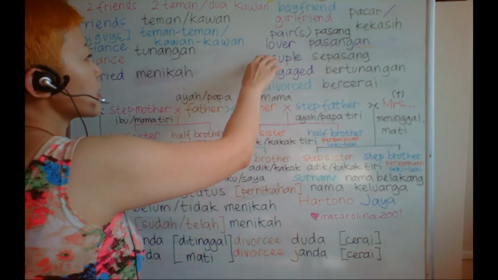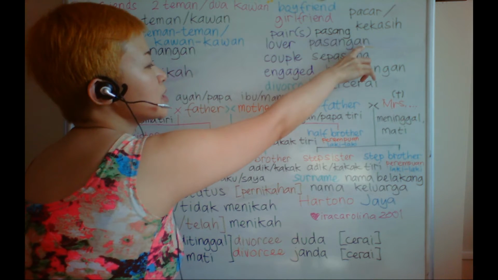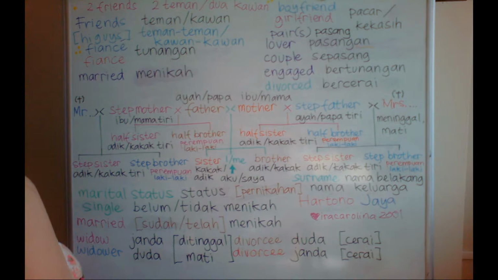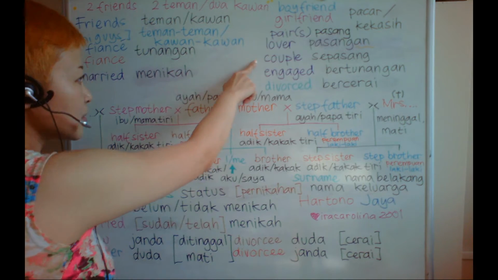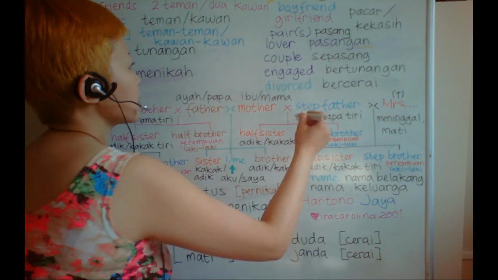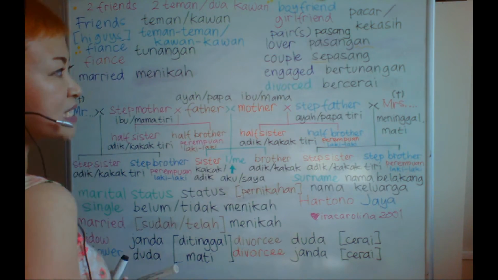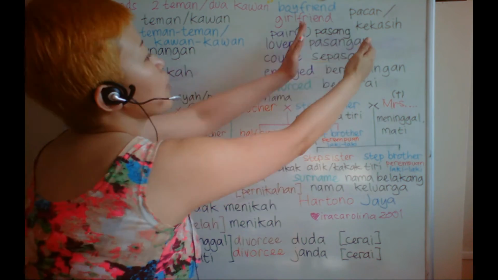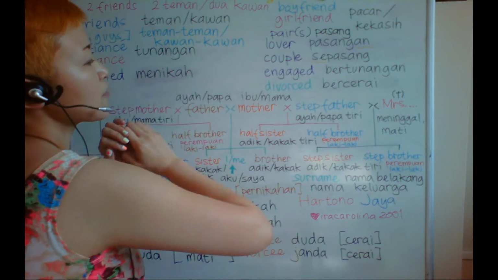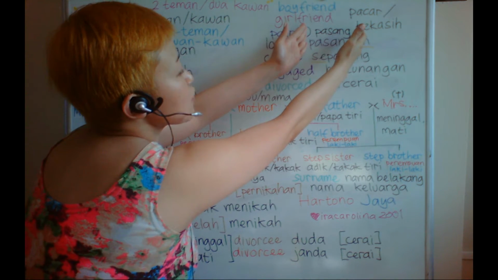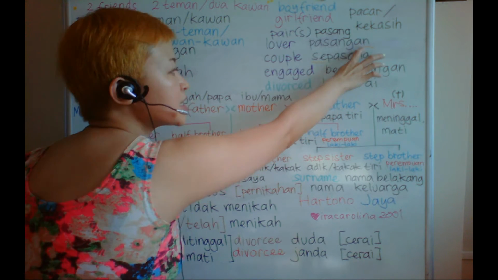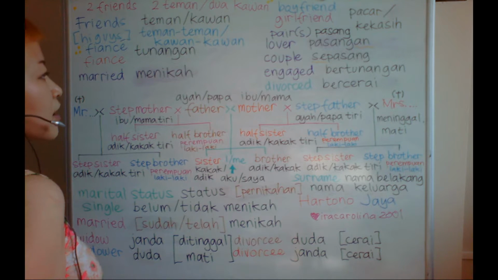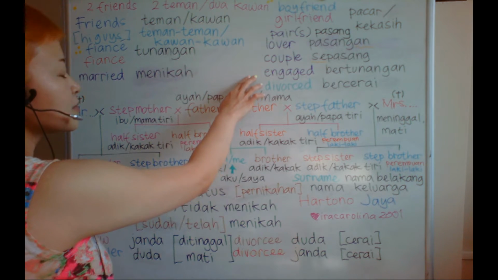Lover, you put the suffix an, pasangan. Couple, you put prefix se, sepasang. So one single word, even though this is the original or the basic word, and then you put the suffix here, you put the prefix here.